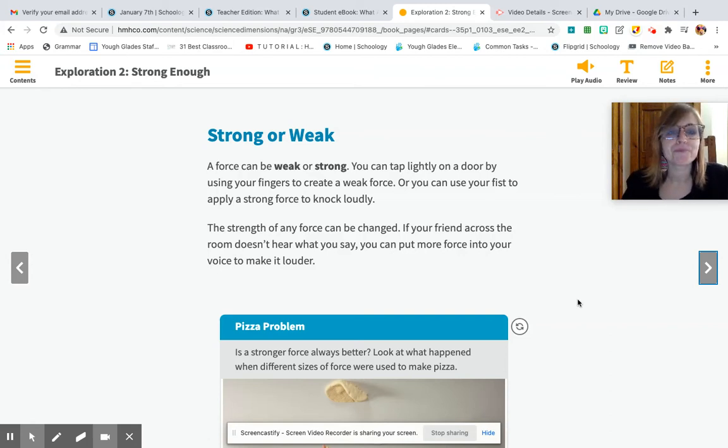Now, the strength of any force can be changed. If your friend across the room doesn't hear what you say, you can put more force into your voice.